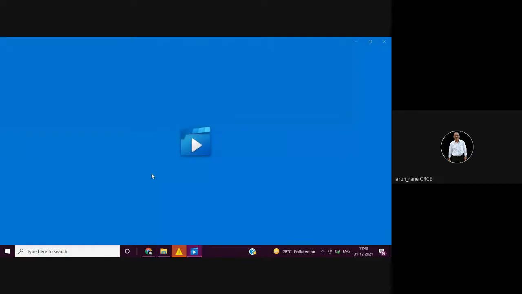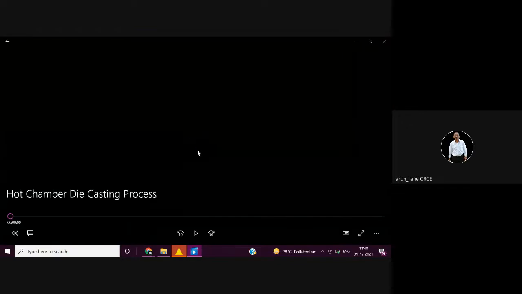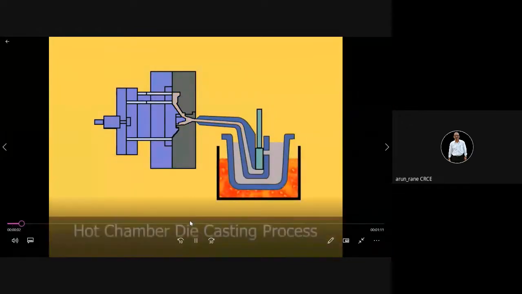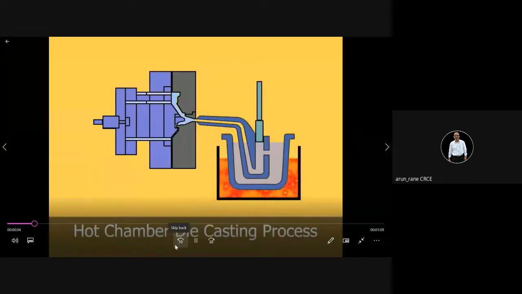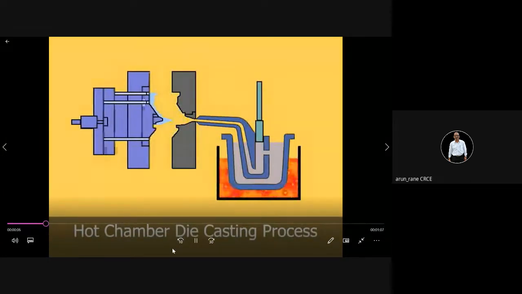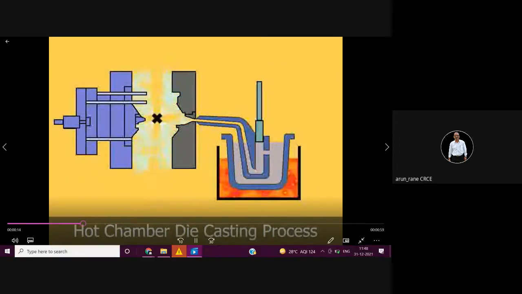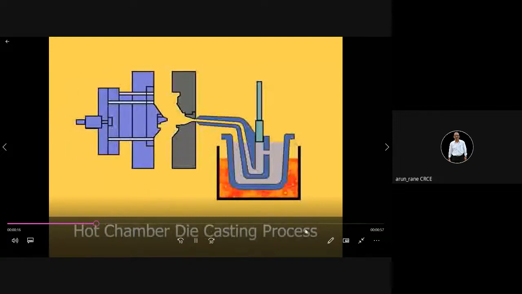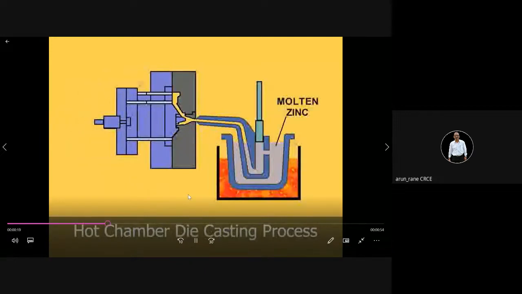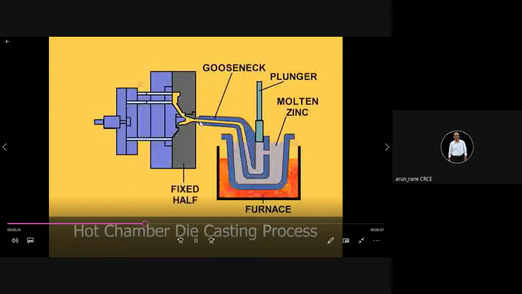Now I'll show you hot chamber die casting process. This is hot chamber where the molten material is being heated and directly fed to the mold.